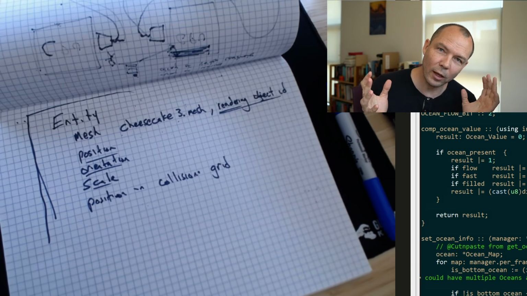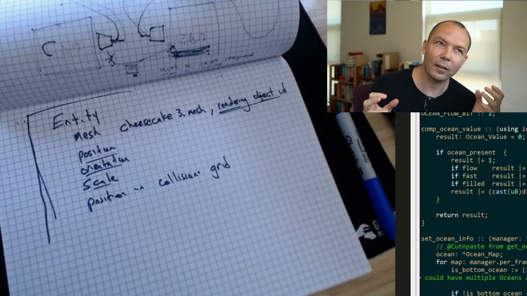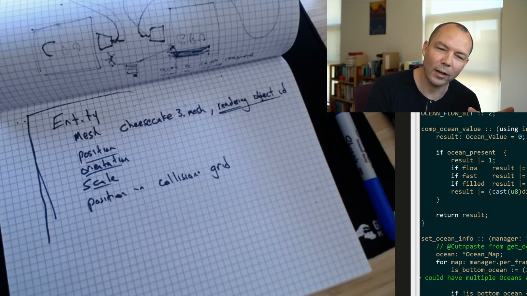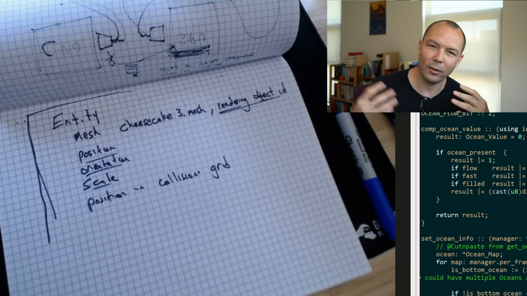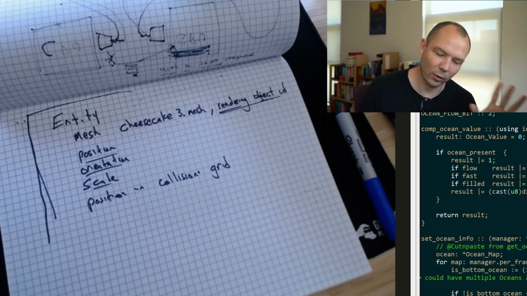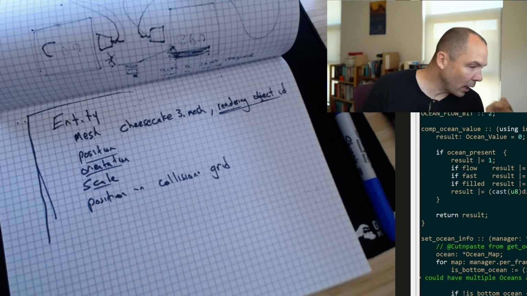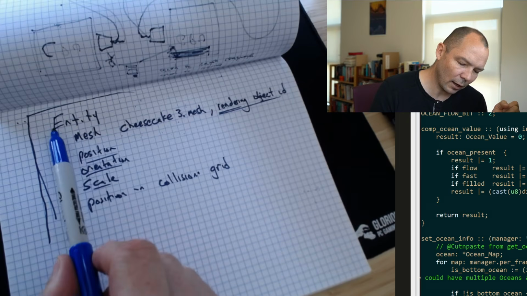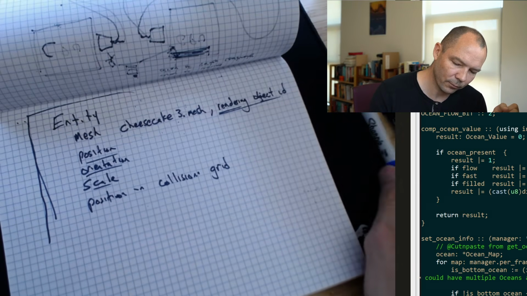You've got several cheesecakes. You've got, I don't even know what they have at Cheesecake Factory. Don't they have hamburgers and stuff? You've got a hamburger, some plates and some tables and forks and whatever all these things are that you want to draw on the screen. The gameplay code has probably, maybe not, but possibly an entity for each of these things.